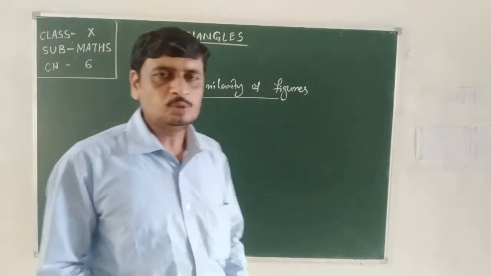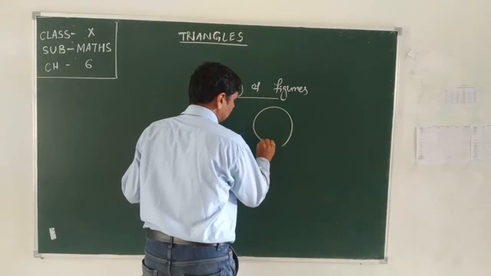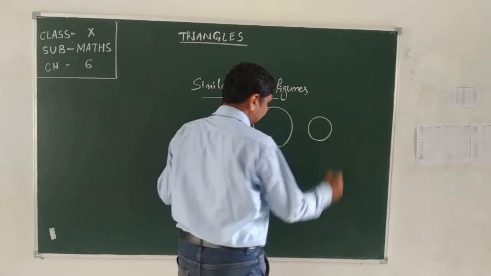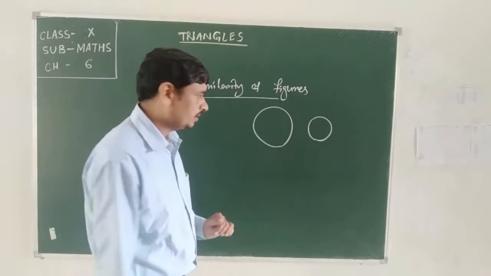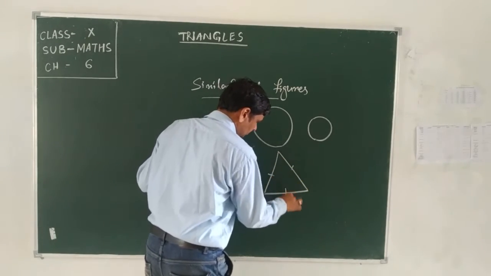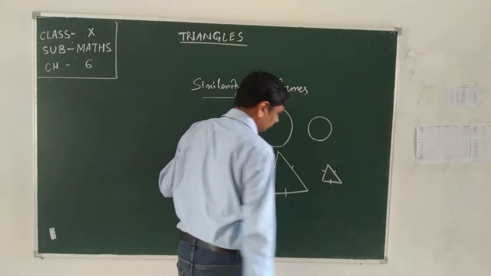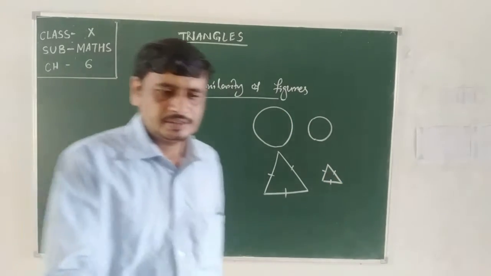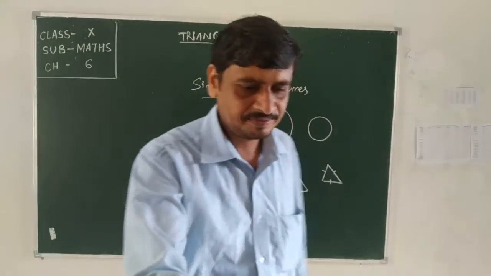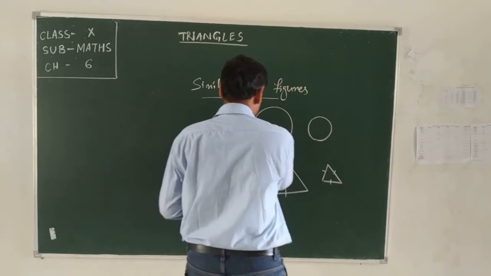Well, we observe any two figures, like two circles, or two equilateral triangles. Here, it's observed two circles having different radius.